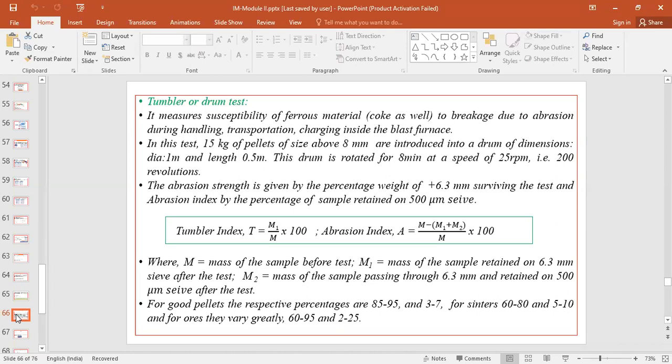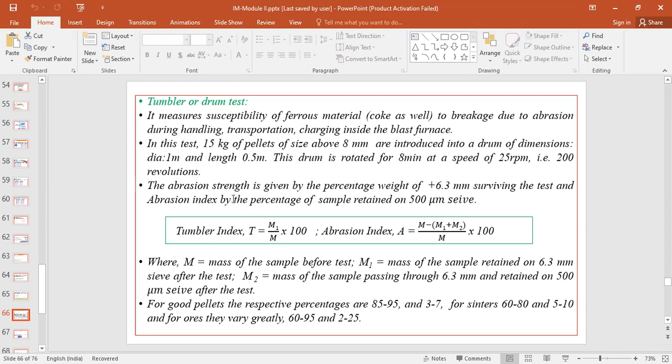That is 25 into 8, that is 800 revolutions taking place. After that, you need to collect the sample from the drum and subject it to the sieving operation. Here we need to use a 6.3 mm sieve, and we can obtain the tumbler index as well as the abrasion index.